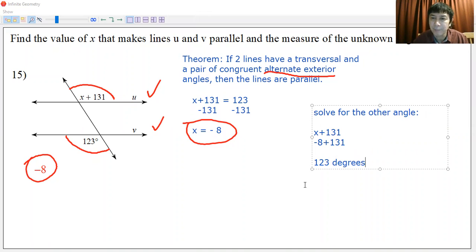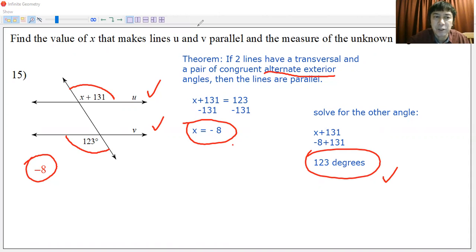There, 123. That's equal to the given 123 degrees. And our x is negative 8 as verified over there. Continue with number 16.